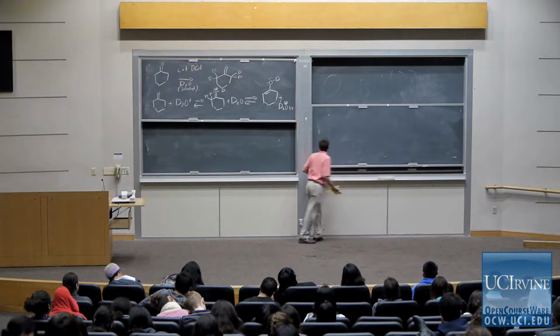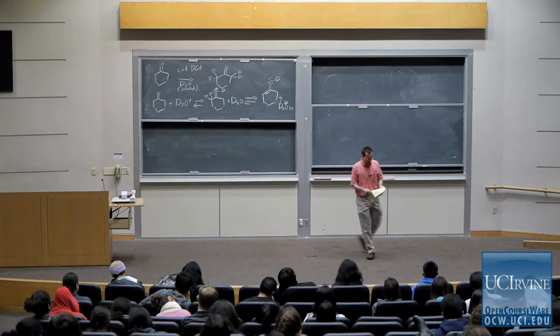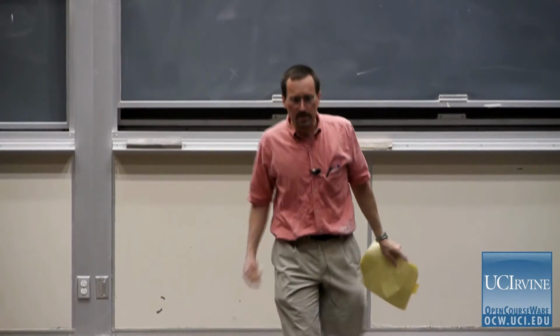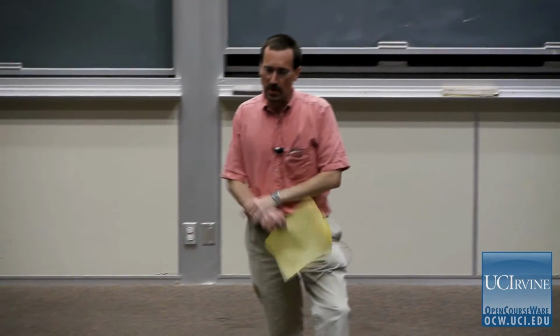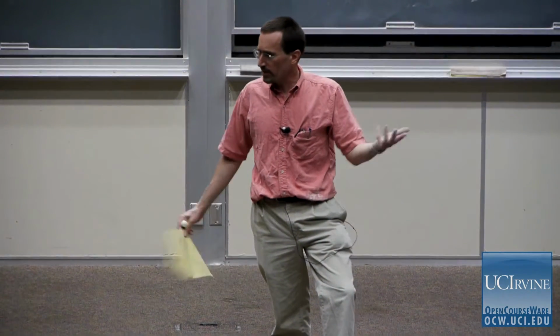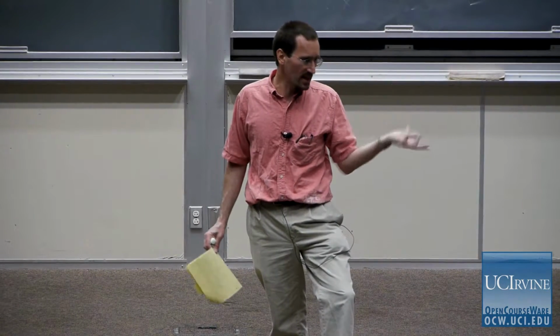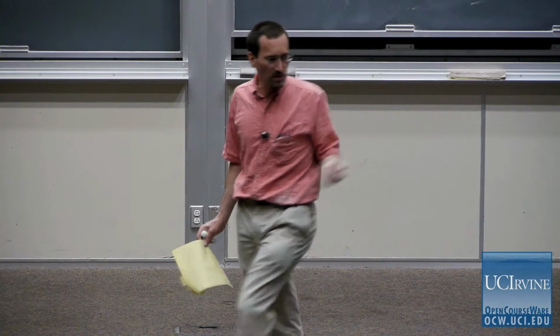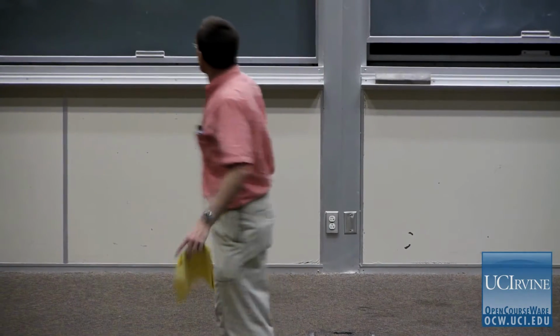One thing I should point out is we have lots and lots of D2O present. Water is 55 molar. Deuterium is practically the same as water. D2O is going to be essentially 55 molar.